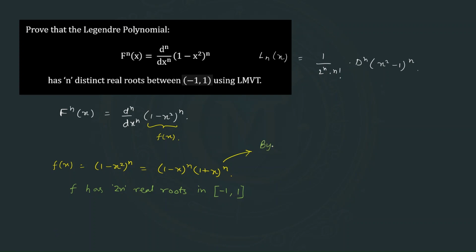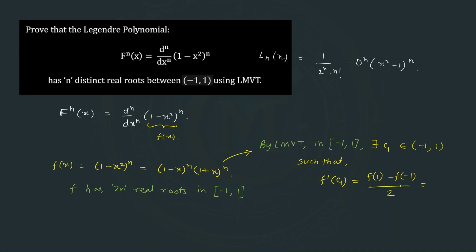We can say by LMVT in the closed interval -1 to 1 there exists C1 belonging to the open interval -1 to 1 such that f dash of C1 equal to (f of 1 minus f of -1) divided by 2.